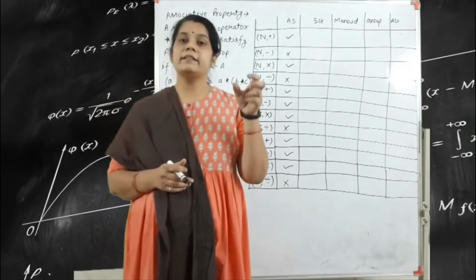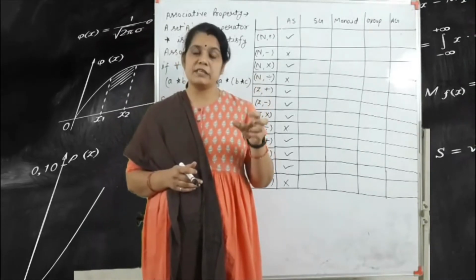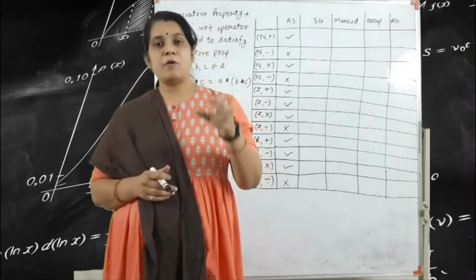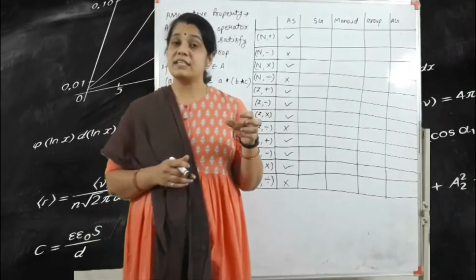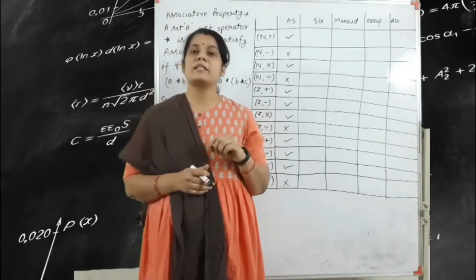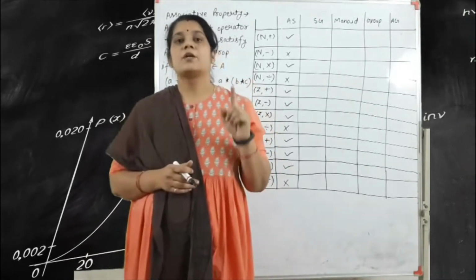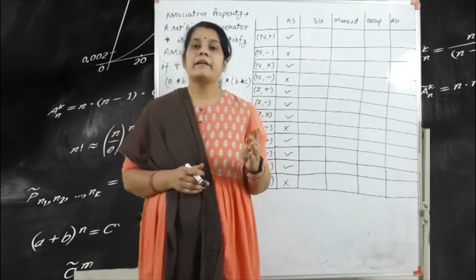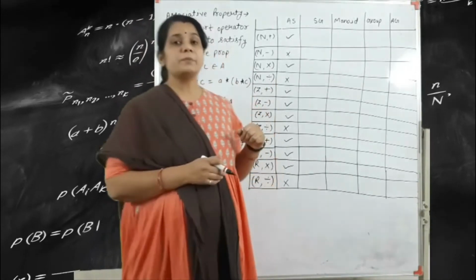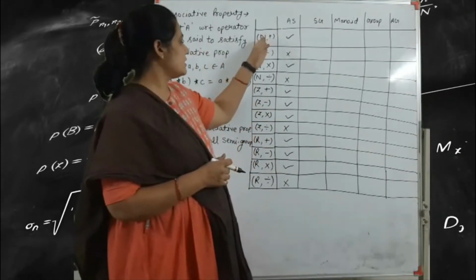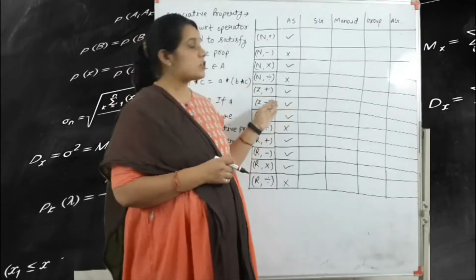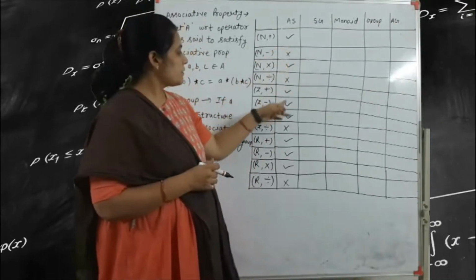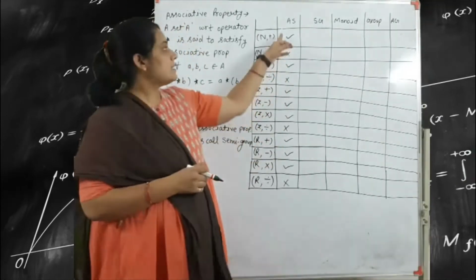So for finding whether the given set with any operator is a group or not, you must satisfy the four properties: closure property, associativity, identity and the inverse property. In our previous lecture we saw the different types of sets, and first the algebraic structure.